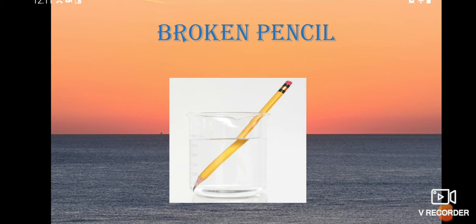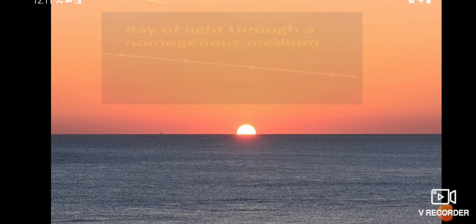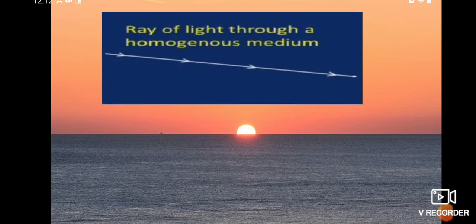Let us recapitulate what we have learned in our earlier classes related to the refraction of light at plane surfaces. If you observe the light ray coming through a homogeneous medium, see here, the ray is coming without any deviation because it is a plane surface and only one medium.